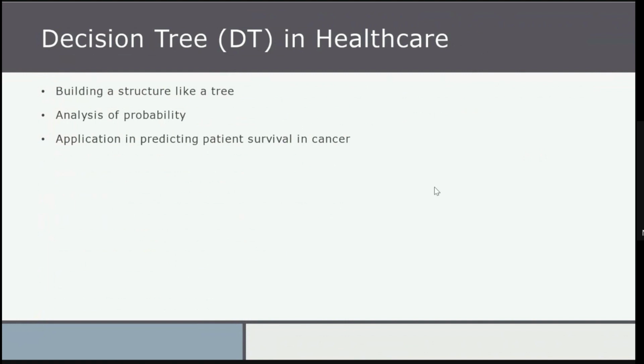So it will have repercussions. All the decisions are going to have repercussions. Especially this one is used with probability. Probability is one of those statistical techniques which is highly recommended. And in this method, you will have the chances. What is the chance of the patient surviving the cancer?